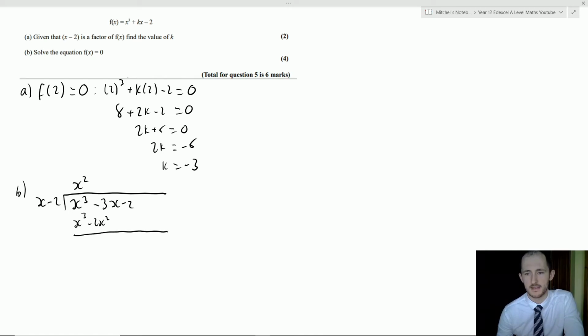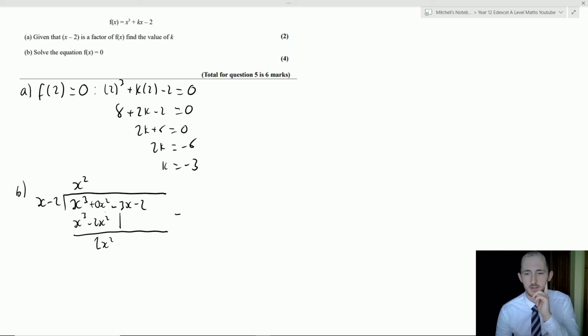And if we subtract it, what might have helped in this situation is, if it skips over one of the things, you can always put plus 0x squared minus 3x minus 2. Okay? Subtract that, you get 0 minus minus 2, so 0 plus 2, which is 2x squared.